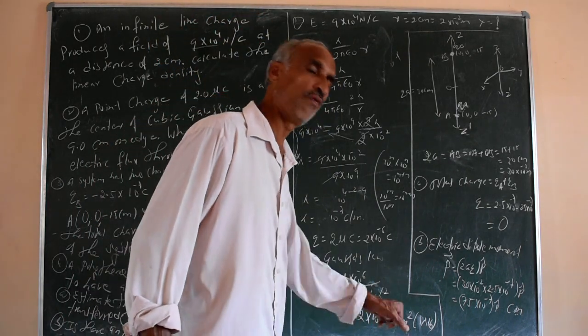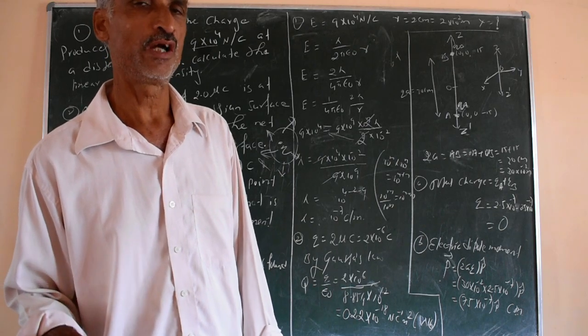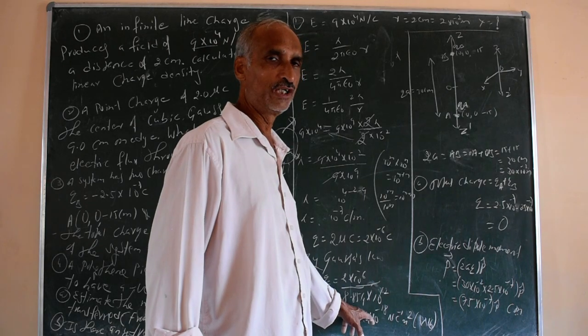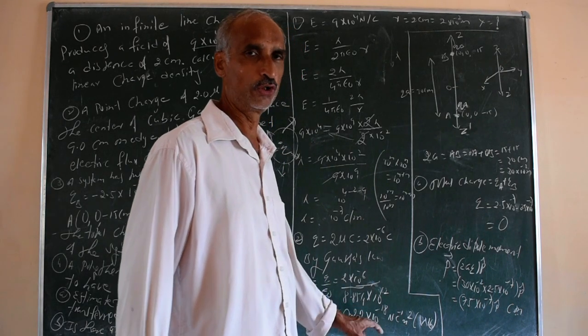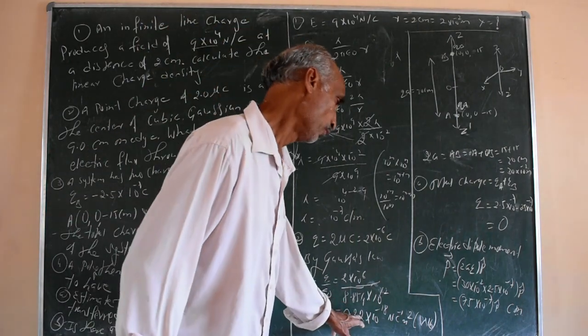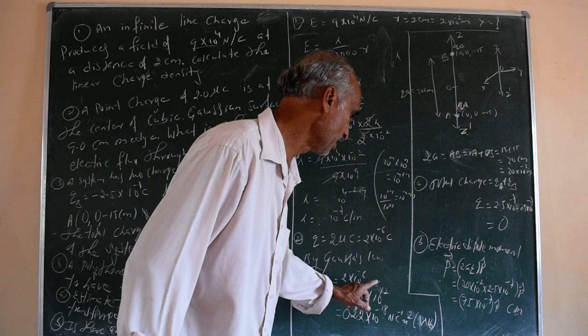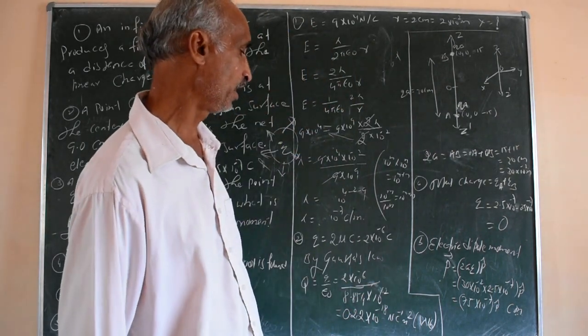Suppose it is 2.15, then if the left side integer is odd, while dropping the remaining digits you have to increase it by 1 more. Therefore, 0.225 something, after dropping, the left side digit is even, therefore you increase it by 1. So 0.22 into 10 raised to minus 18, using a raised to m upon a raised to n rule: minus 6, minus 12, that is equal to minus 18.